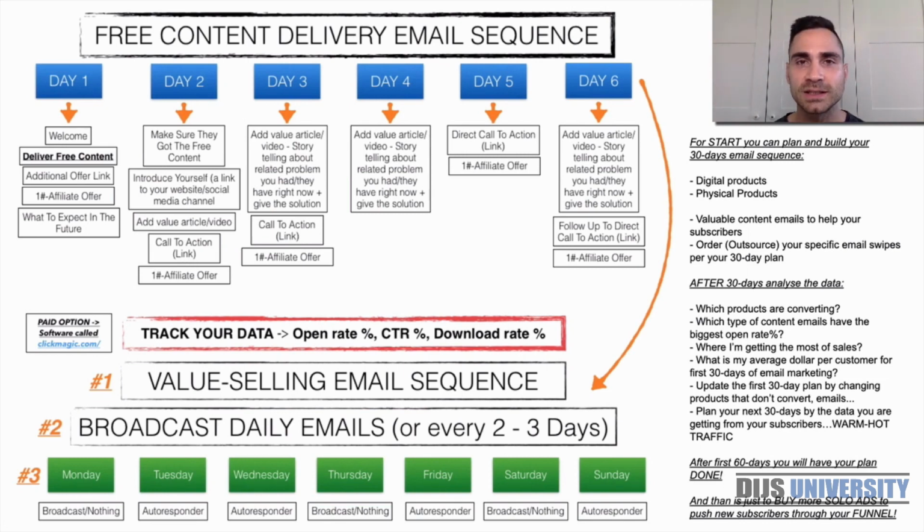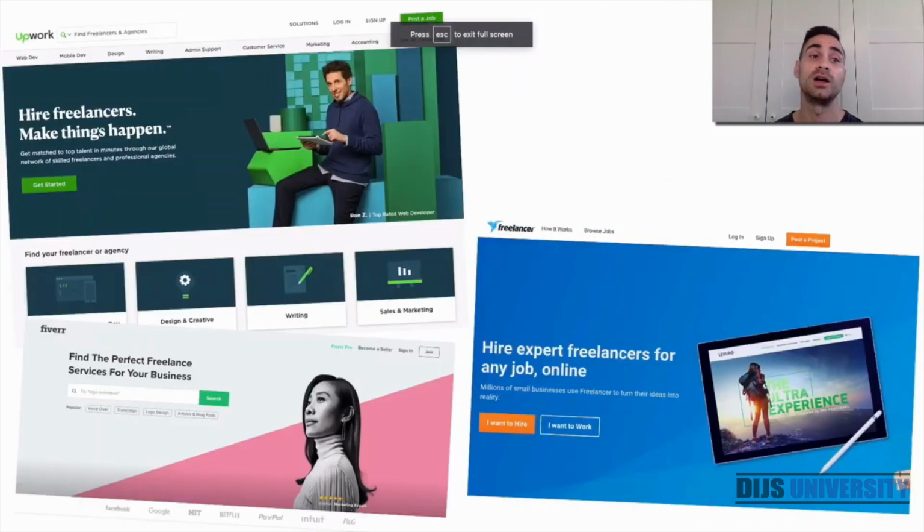And now for the last thing of today's video, let's have a look to 3 websites where you can actually order your email swipes. So the first one is Upwork.com, the second one is Fiverr.com, and the third one is Freelancer.com.